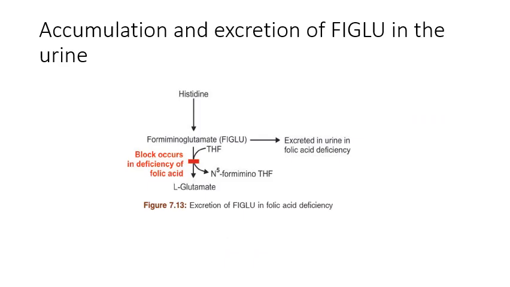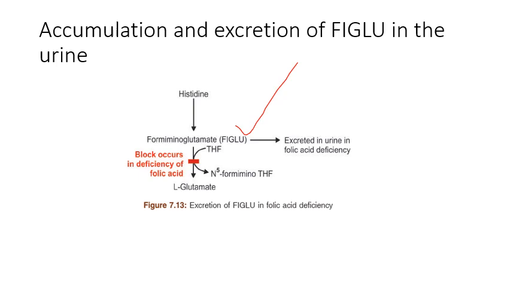Now the second deficiency manifestation is the accumulation and excretion of FIGLU in the urine. So what is FIGLU? Formiminoglutamic acid. Folate deficiency blocks the last step of histidine catabolism due to lack of tetrahydrofolate. The last step of histidine metabolism is the conversion of FIGLU into L-glutamic acid, which requires tetrahydrofolate, which itself is converted to N5-formimino tetrahydrofolate.